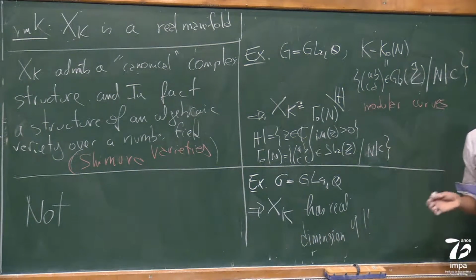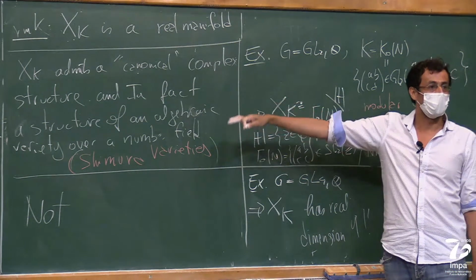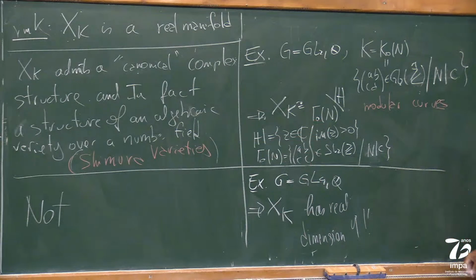So there is no possibility that you have a complex structure, and even less possibility to descend to the rational numbers, or a finite extension of Q.